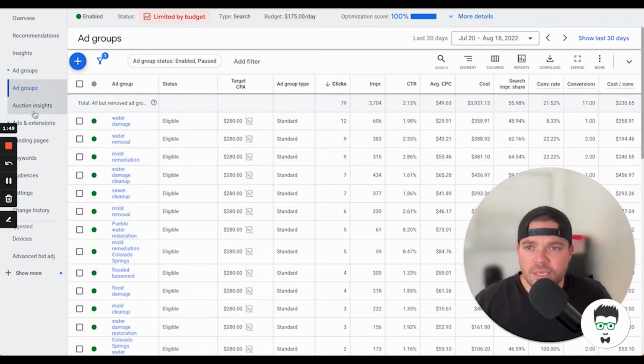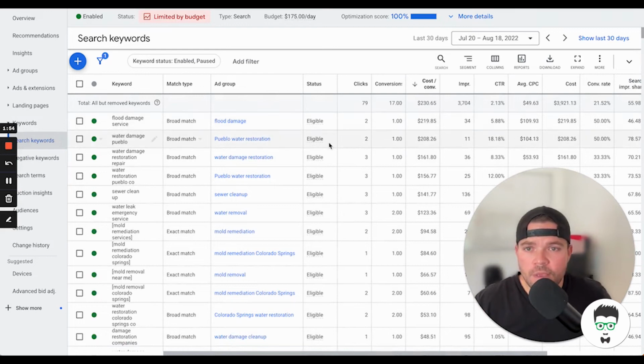So let's take a look at the keywords that we're using. On remediation and restoration, sometimes we'll use broad match in order to get a lot more volume on the campaigns. As you'll see, we have some broad match, exact match, and phrase match as well.